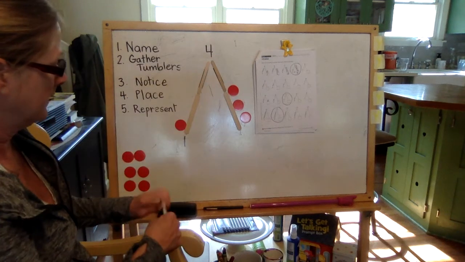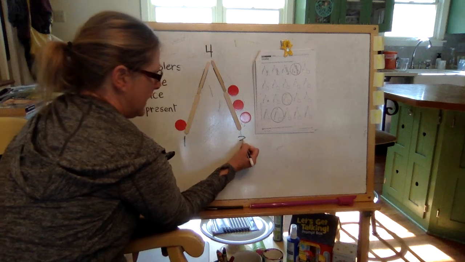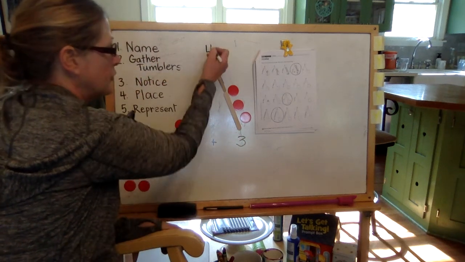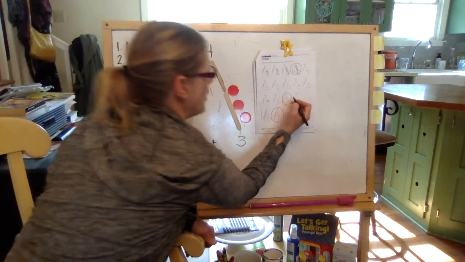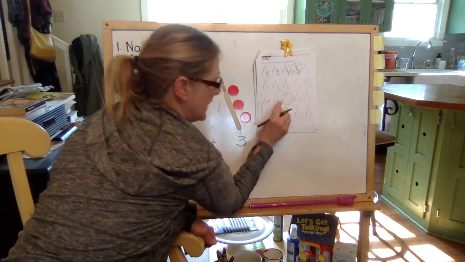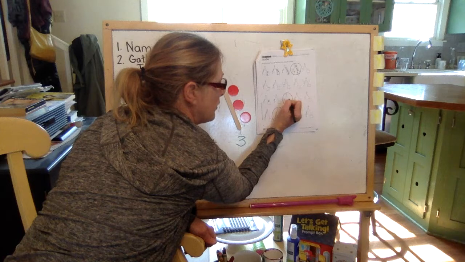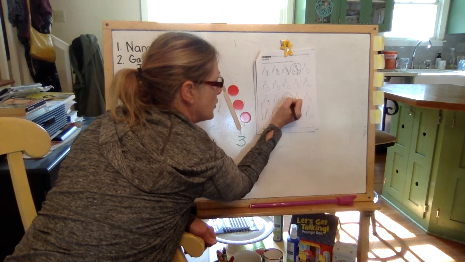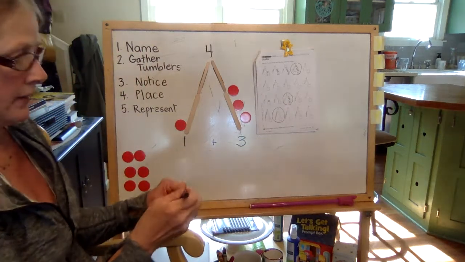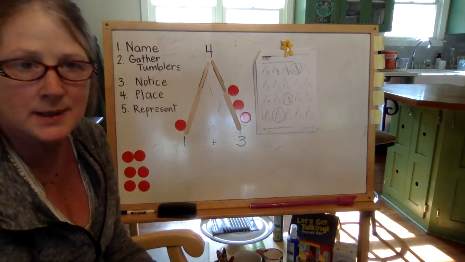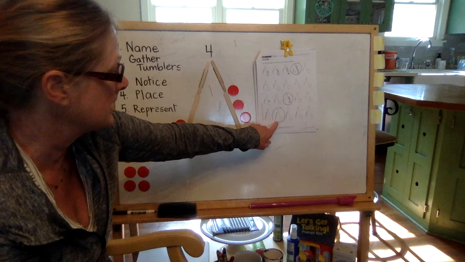So 1 plus 3 equals 4. I'm going to represent that for you on the paper. 1 tiny tumbler and 3 tiny tumblers, 1, 2, and 3 will make 4. Okay, we're going to build one more together and then you're going to get to practice.